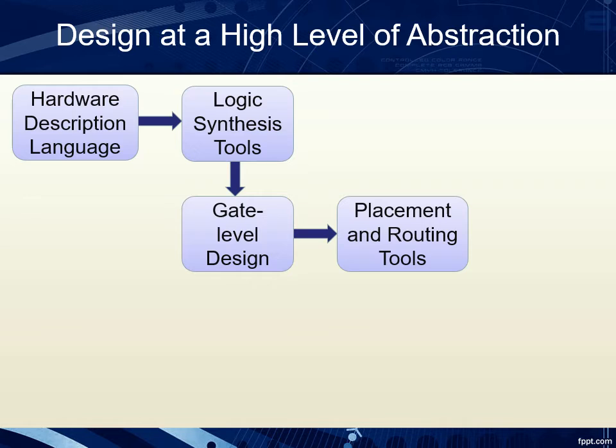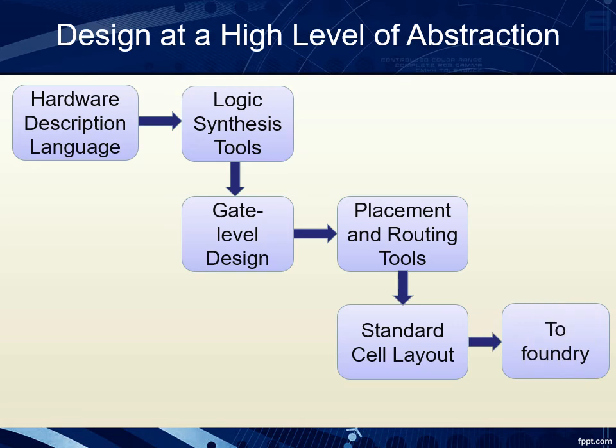The placement and routing tools, depending on the complexity of the chip, can already place all standard cells and put the routing, and one typically needs to adjust the placement and routing for improvement. Then we can now have the standard cell layout, which can now be sent to the foundry to create the masks for fabrication.